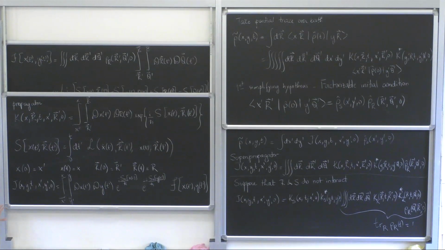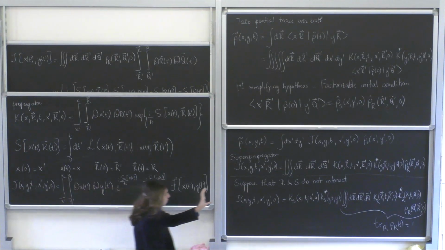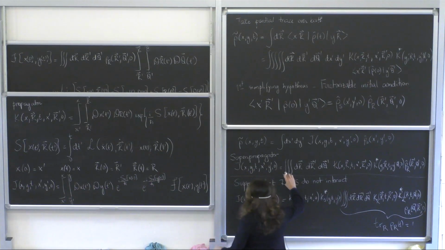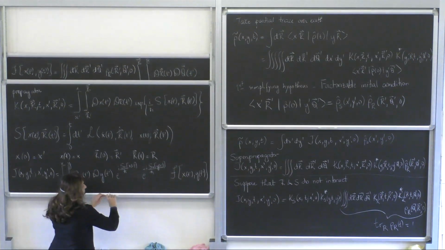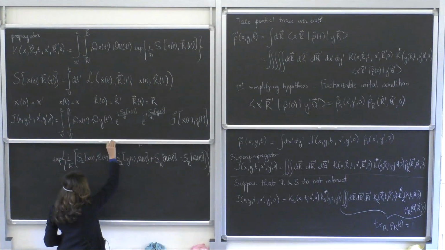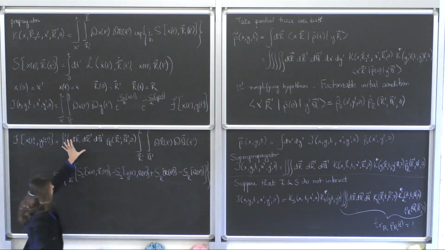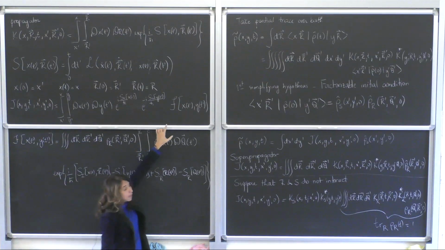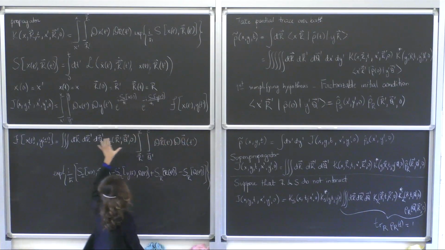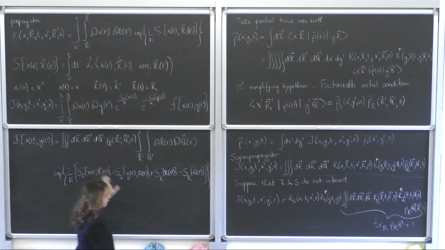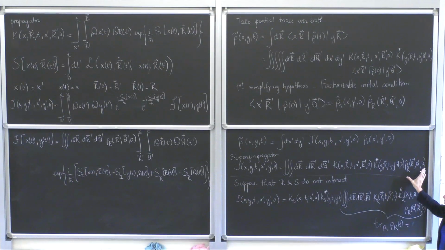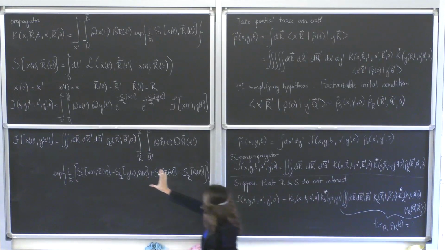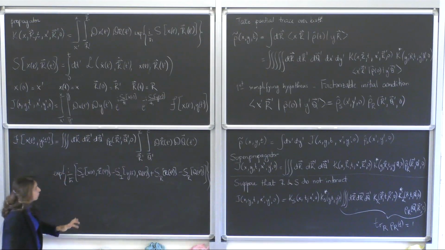Good. Now I can rewrite my superpropagator, which is this one here. What did I have? I had these three integrals in Q prime, R prime, and R. They are inside this F. Then I had the rho R at the end, the rho R for the reservoir.